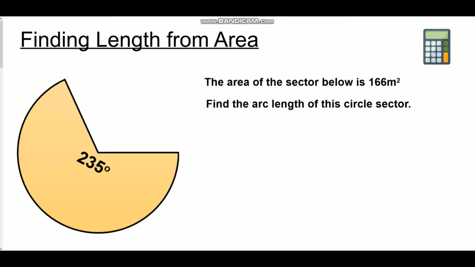We're going to use the sector area formula because we've been given area of sector as our initial piece of information. So sector area is angle over 360 pi r squared.